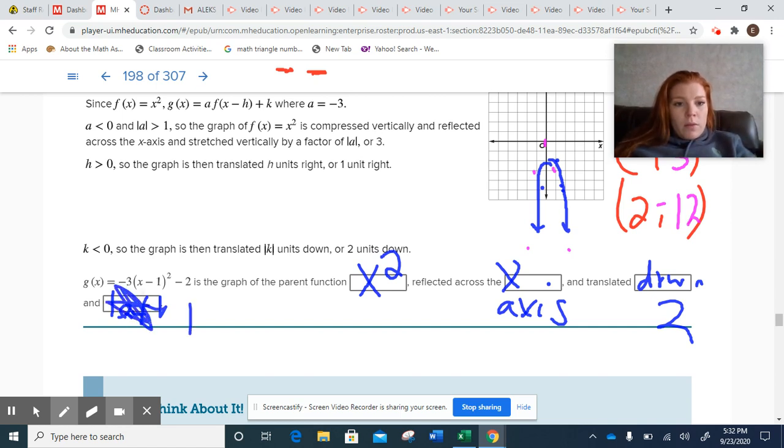Sorry, no, right 1. We went right. And there we go. So that's how you do a combination. Do the reflections and the scale factors first, or the dilations, and then do the ups and downs, rights and lefts next.